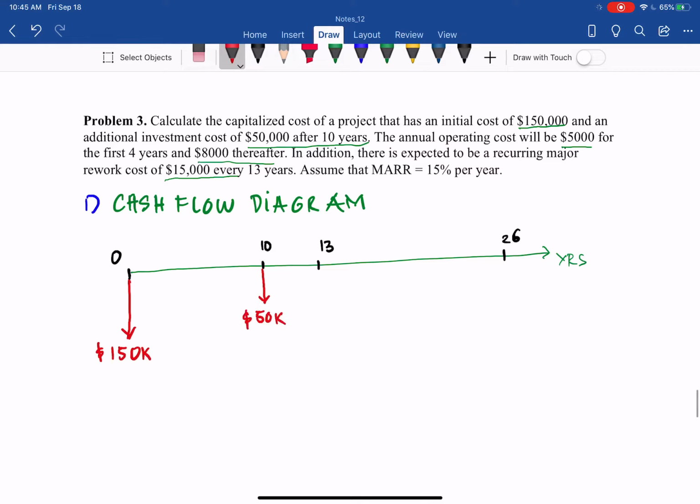50,000. The annual operating cost will be 5,000 for the first 4 years. So you have 1, 2, 3, 4, 5,000 for the first 4 years, 5K per year.